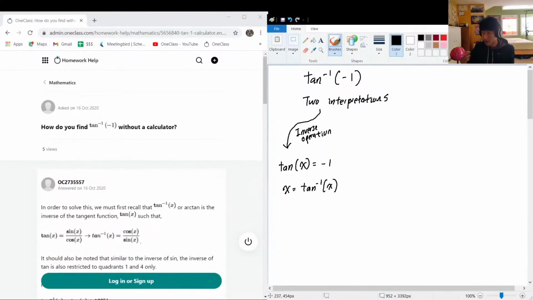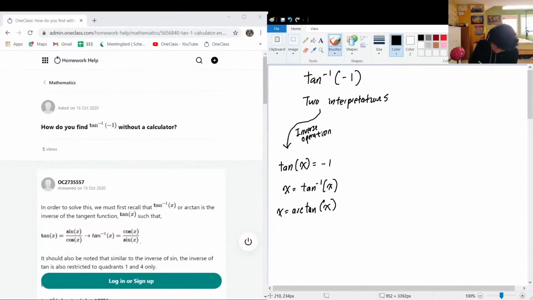But typically it's better to write it as arctan, like this, so that we don't have the two interpretations problem that I'm about to list out. Okay, so this is one. It's better to write as arctan if we're doing the inverse operation.